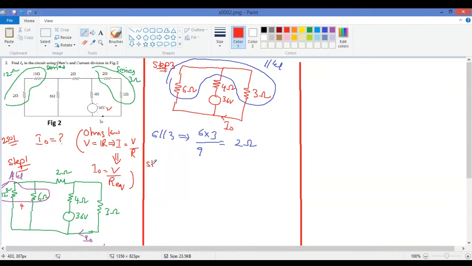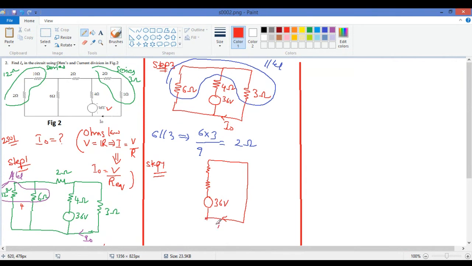Step 4. This is 36 volts. Then you can draw like this or like that. Don't worry. But if you draw here, current direction will come here, because you see the direction is going into this point.